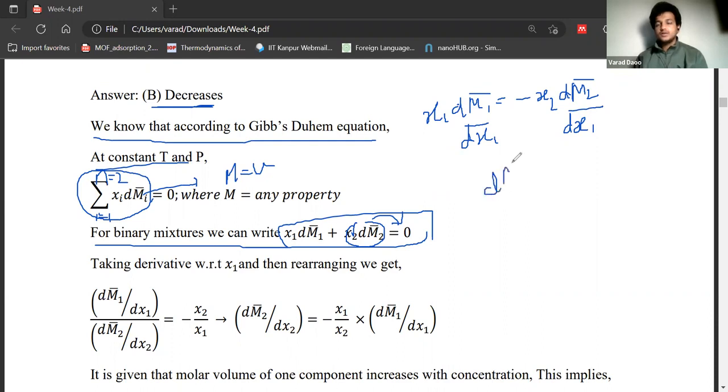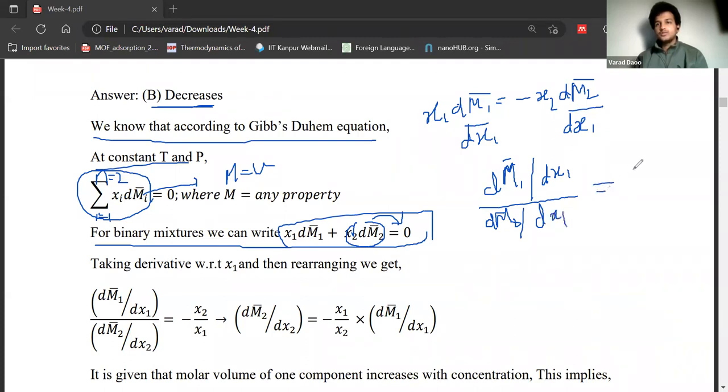That means dm1 bar by dx1, which is this expression, divided by, we bring it here, dm2 bar by dx1.